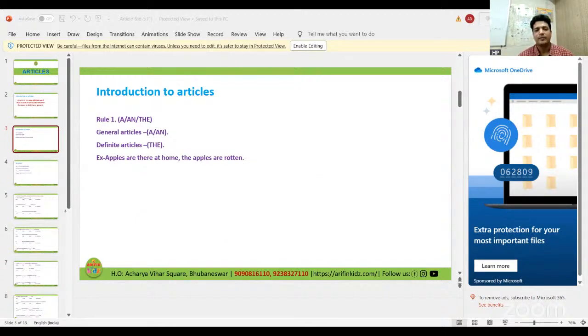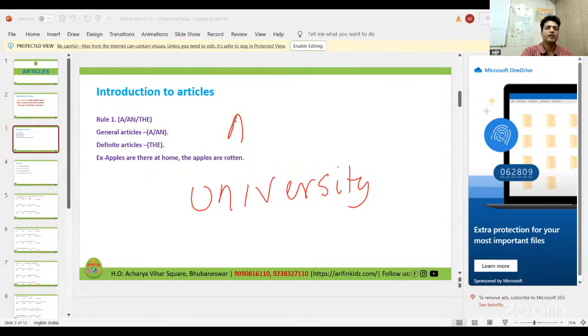Another example of a general and a definite article, we can say, let's see, university, right? Now, most of you will think I have three articles over here, a, an and the, right?